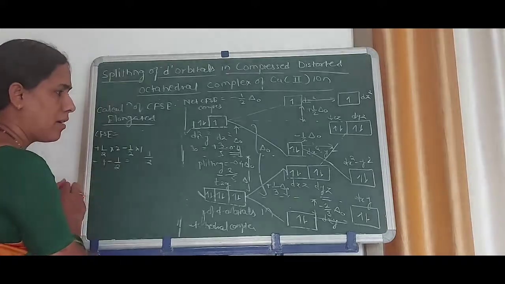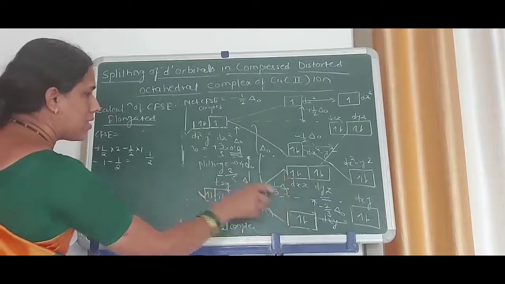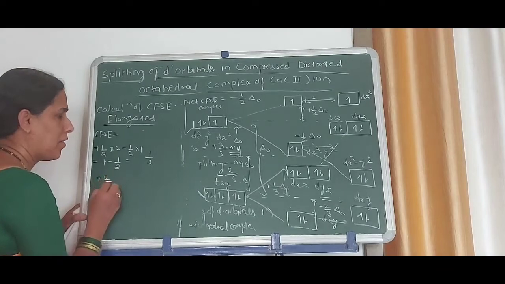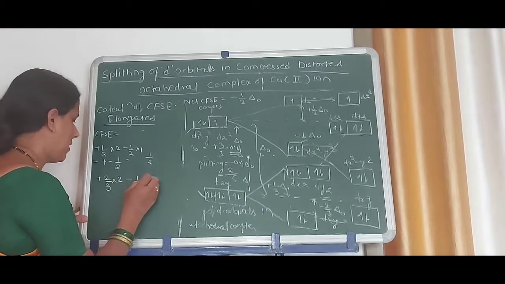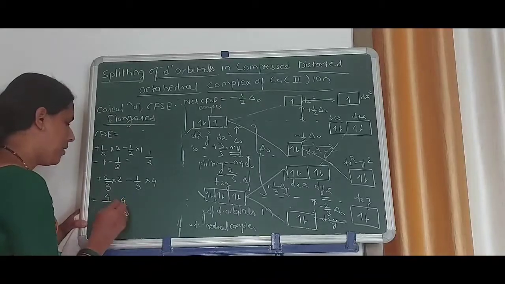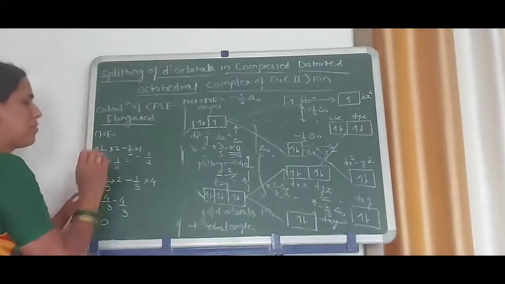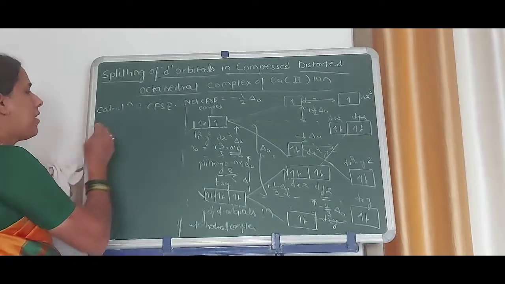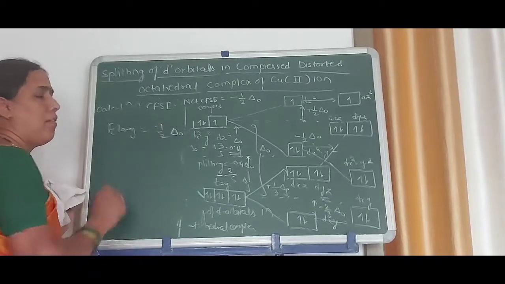In sequence, that is equal to plus 2 by 3 into 2, minus 1 by 3 into 4 electrons. That is 4 by 3 minus 4 by 3, that is equal to 0. Therefore, Eg plus T2g is equal to minus 1 by 2 here. Therefore, net CFSE for the elongated case is also equal to minus 1 by 2 delta octahedral.